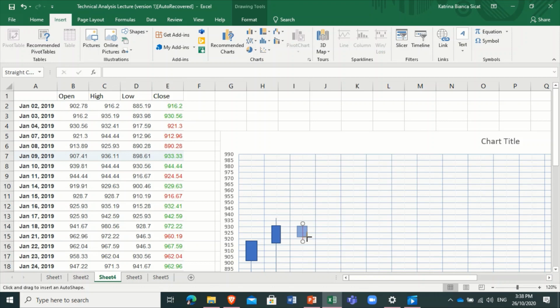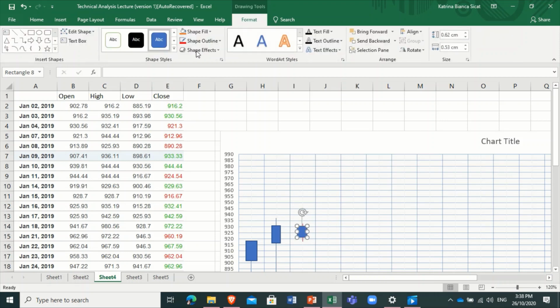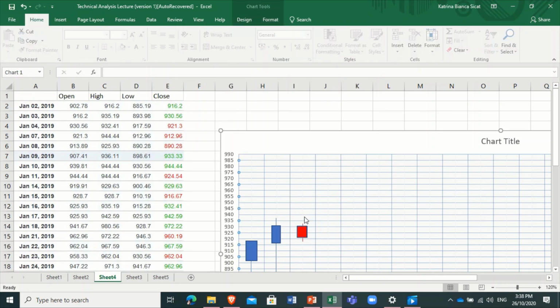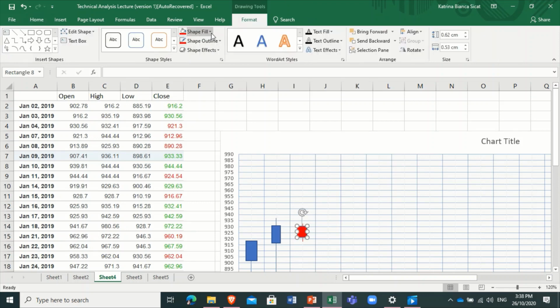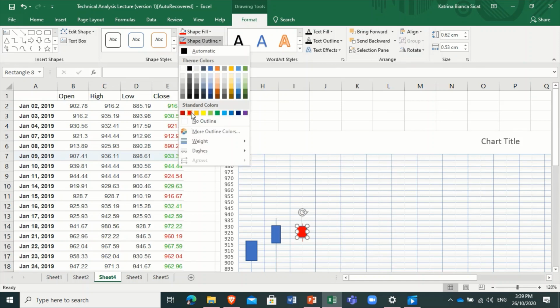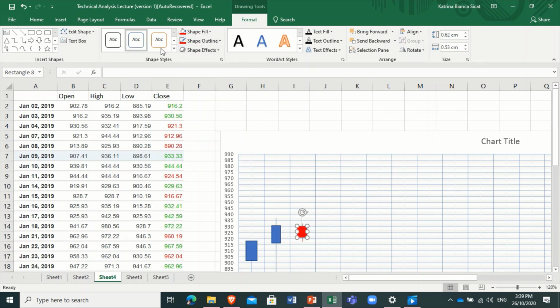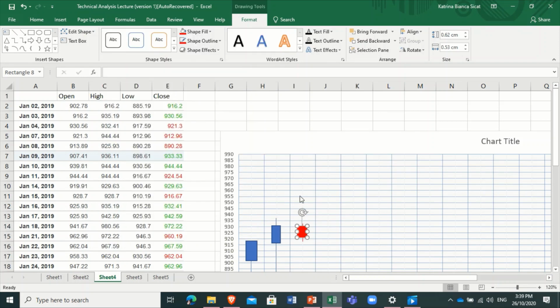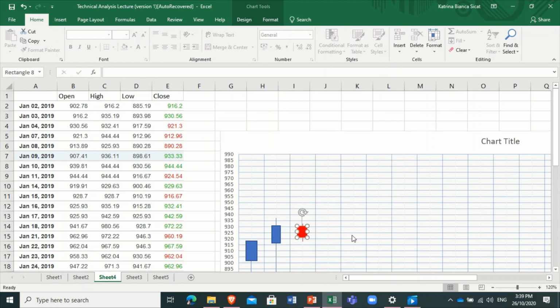Okay, just above 920. Okay, let's make that red. Okay, so please be mindful whenever you are nasa na ba yung ano natin? Shape outline should be red. Ito na siya eh. Okay, so ganyan po siya.